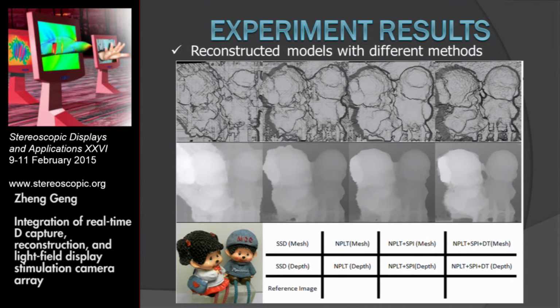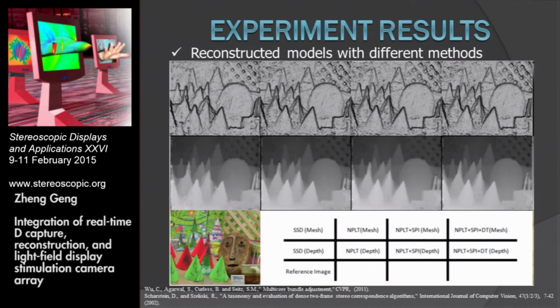And this is a comparison between the common methods of reconstruction and the one we use. The NPLT plus SPIE plus DT performs the best quality reconstruction. And here we have some images from the standard database. We can see that the quality is almost the same even using our optimized method.